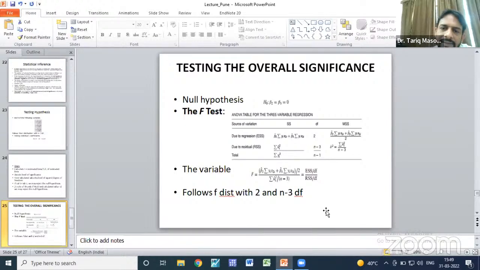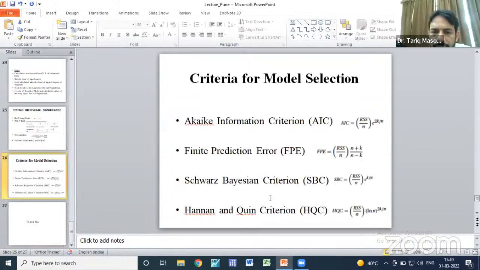Now this calculated value follows F distribution with 2 and n minus 3 degrees of freedom. In a multiple regression framework, it follows 2 and n minus k degrees of freedom when you have k variables.